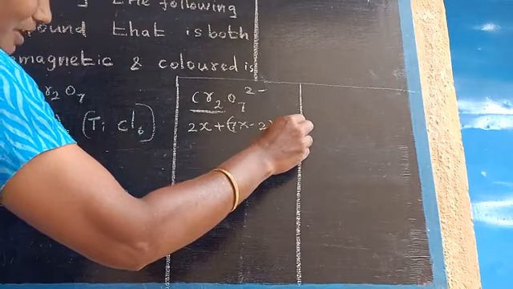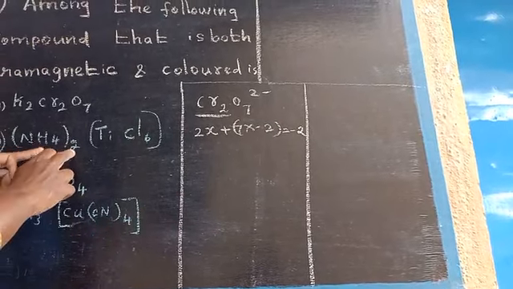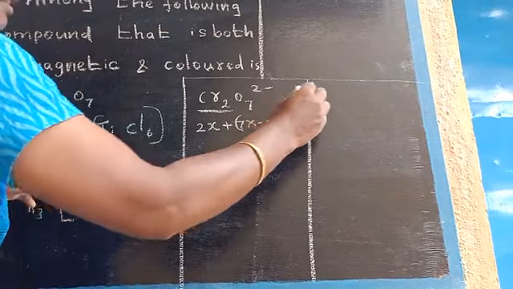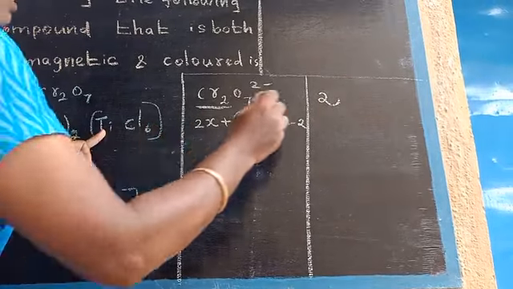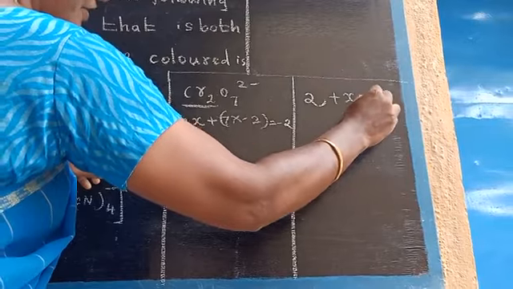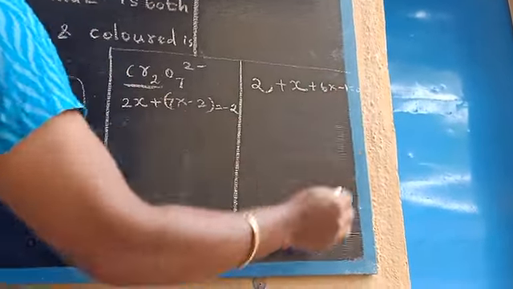The same way for the second option, NH4 twice, so NH4 plus, 2. Next is titanium, X, then chlorine 6 times, so 6 into minus 1 equal to 0.